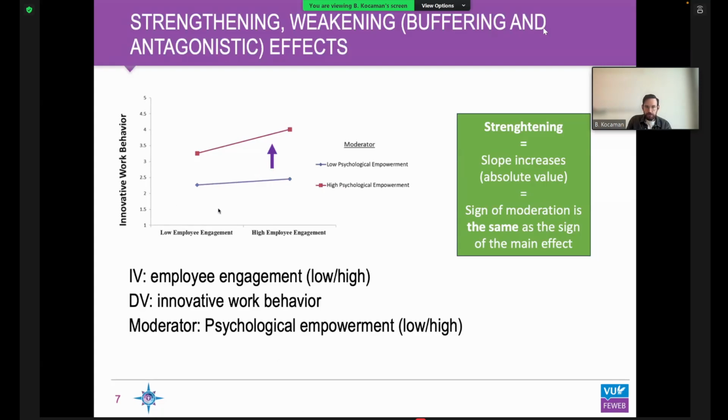One is the picture of the relationship when you have low psychological empowerment, and the other is the relationship between employee engagement and innovative work behavior when you have high psychological empowerment. This is exactly what the moderator means: it modifies the relationship between IV and DV. So you just refer to different lines based on different levels of the moderator.